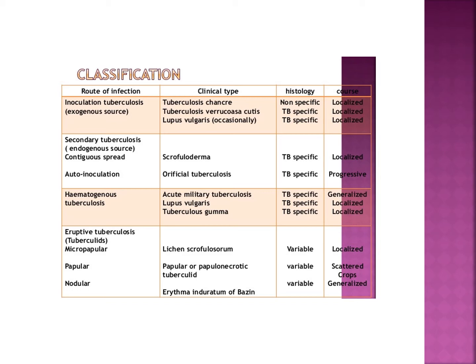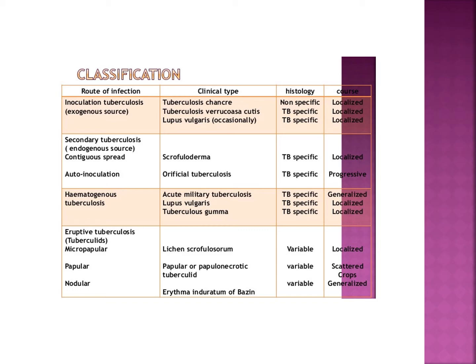The main area affected would be near the sinus formation, which you can see on the skin, and the bacteria cause their manifestation on the adjacent skin in the form of a sinus.